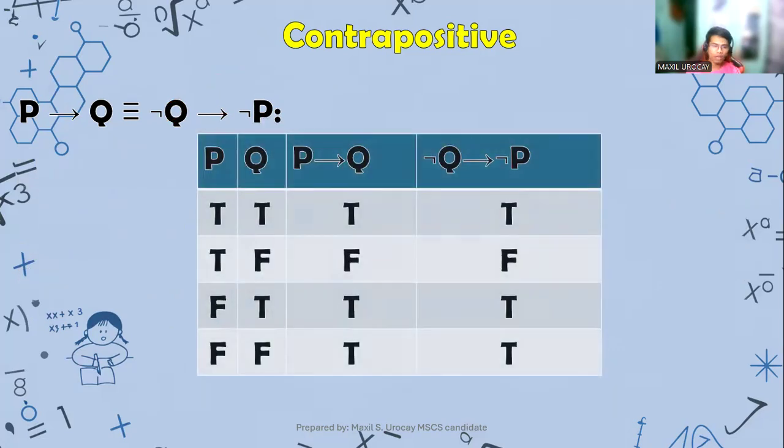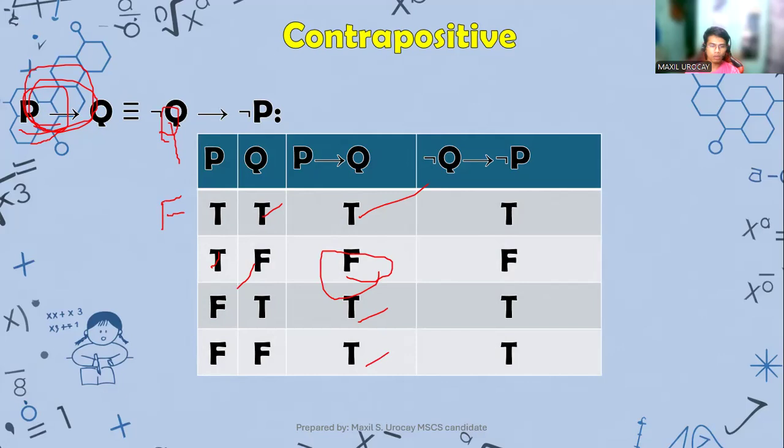So for this one here, P then Q. As we mentioned, P then Q will return false if P is true and Q is false. So true and false is false, and the rest will become true. Okay, take note. Now, not Q. We negate Q: Q true becomes false, and false becomes true.